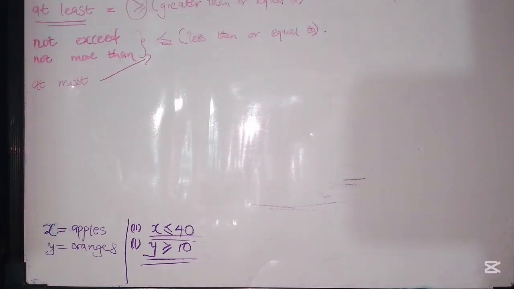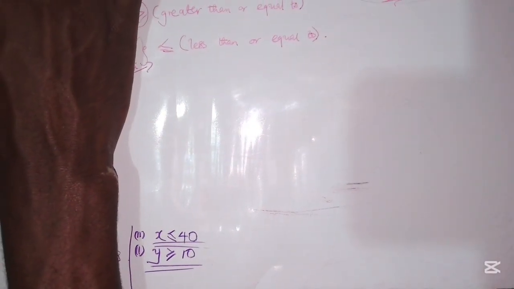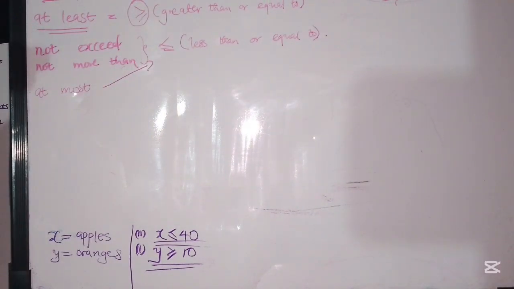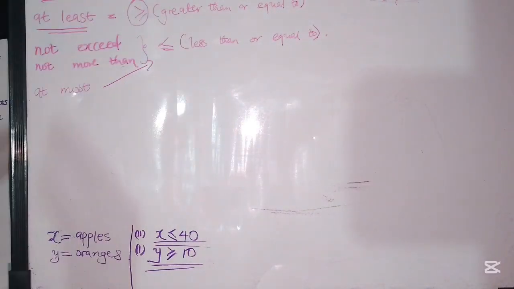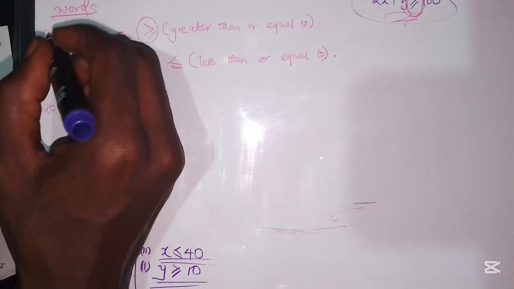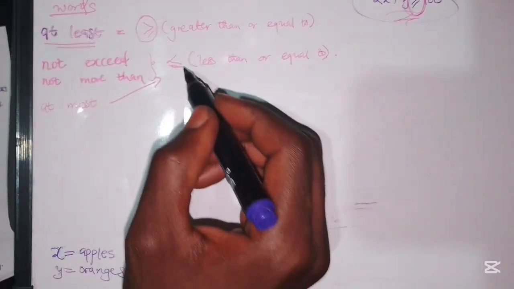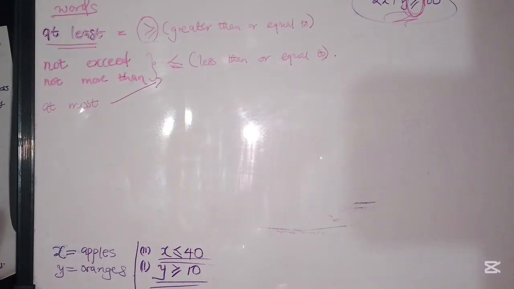To summarize, linear programming is a system people use in order to minimize the cost of production and maximize their profit. For them to make a lot of profit, they have to use linear programming. We also said there are 4 words which are very important whenever you are looking at linear programming. The first word was at least, which means greater than or equal to.